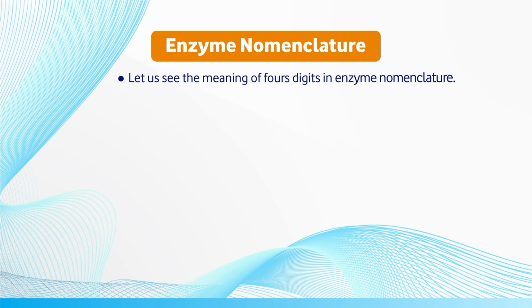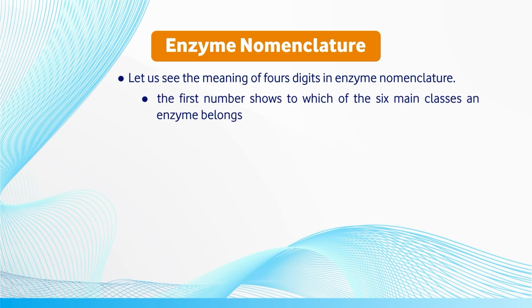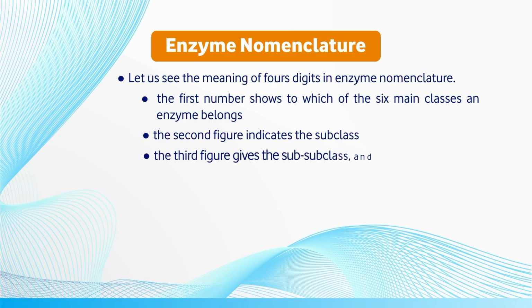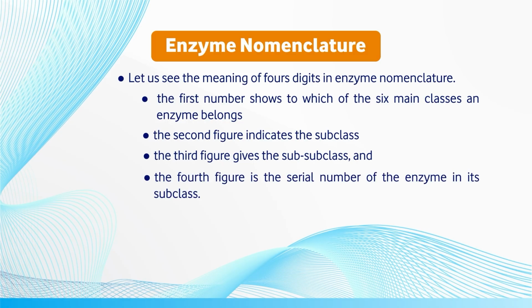Let us see the meaning of the 4 digits. The first number shows to which of the 7 classes the enzyme belongs, the second figure indicates the subclass, the third figure gives further detail about the subclass, and the fourth figure is the serial number of that enzyme in that subclass.